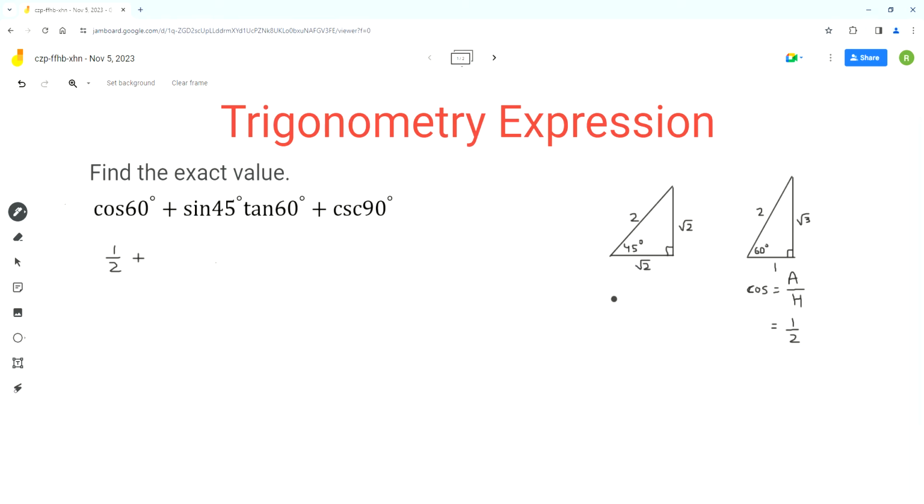Now the formula for sine ratio is opposite over hypotenuse. So sine of 45 degrees will be equal to square root of 2, that's the opposite side length, so it's this one, and the hypotenuse is 2 units long. So we can put this in parentheses, so square root of 2 over 2.